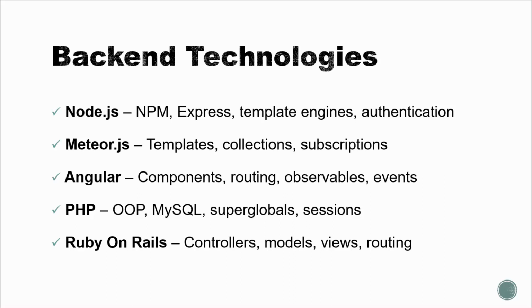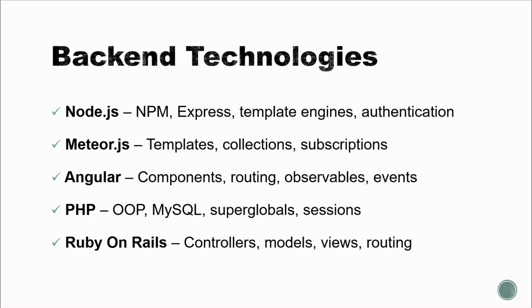Meteor.js is a framework that runs on the front end and back end, and we'll be learning about templates, collections, subscriptions, and Meteor uses MongoDB on both the front end and back end, so we'll be working with that as well. And we'll build a quick to-do list. For Angular, we'll be working with Angular 2, components, routing, observables, events, and we'll build a simple blog system.